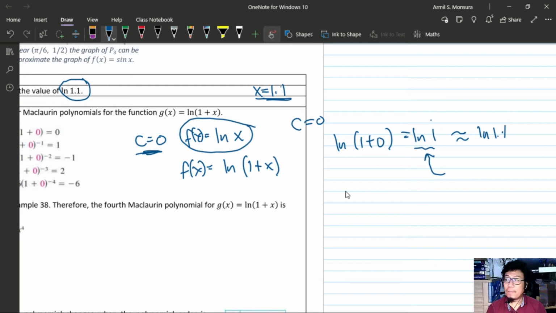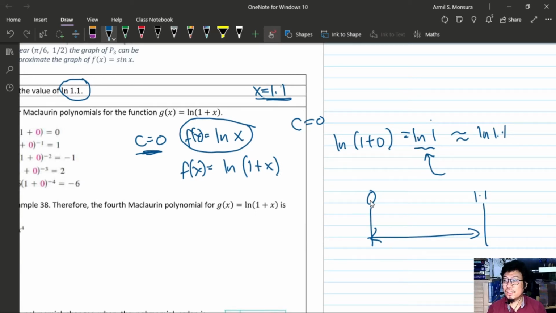Again, if the center is at 0 and you try to approximate something at 1.1, that's very far. Your Maclaurin polynomial poorly performs when you are too far from the center.